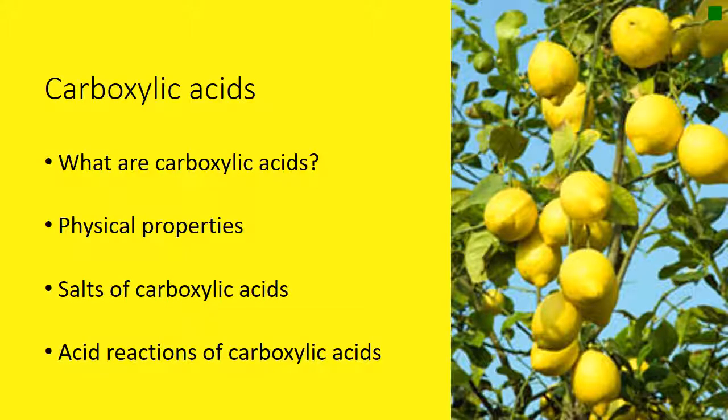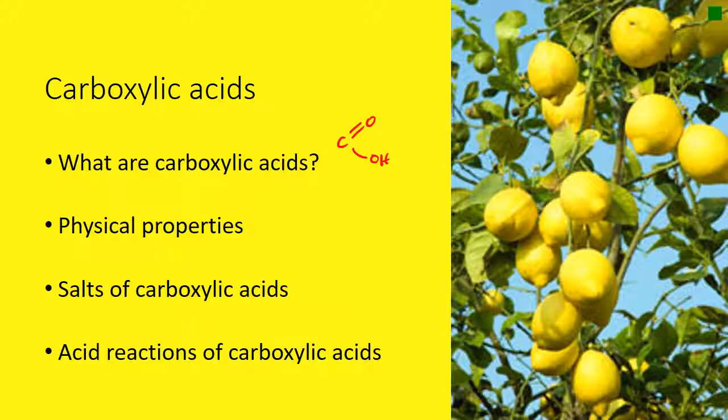And just to finish off, let's just check that we have covered off everything we intended to. What are carboxylic acids? Well, they're acids with the COOH functional group. We named them as well according to normal rules. Physical properties, we looked at the solubility and the boiling points.